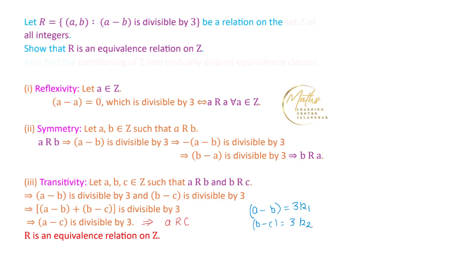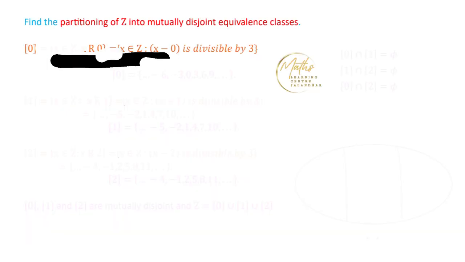Now the next part is to find the partitioning of Z into mutually disjoint equivalence classes. We are going to answer this question.